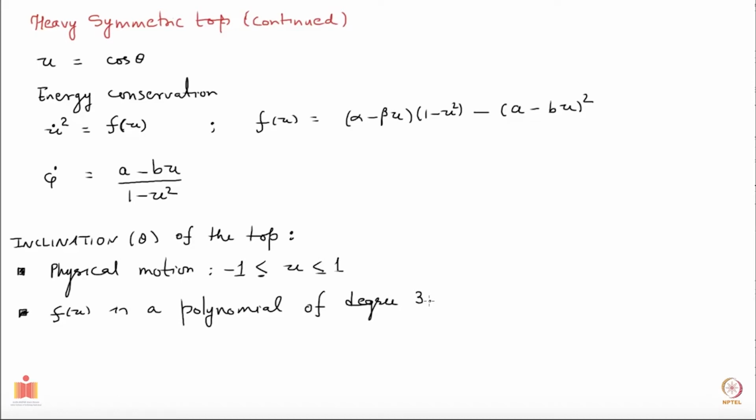And the turning points, we remember we are having the same thing as we had in the case of our two-body problem. So as far as the equations are concerned, it looks the same. So the turning points, meaning the place where u dot will go to 0, is given by f of u equal to 0. So the equation f of u equal to 0 gives us the turning points.